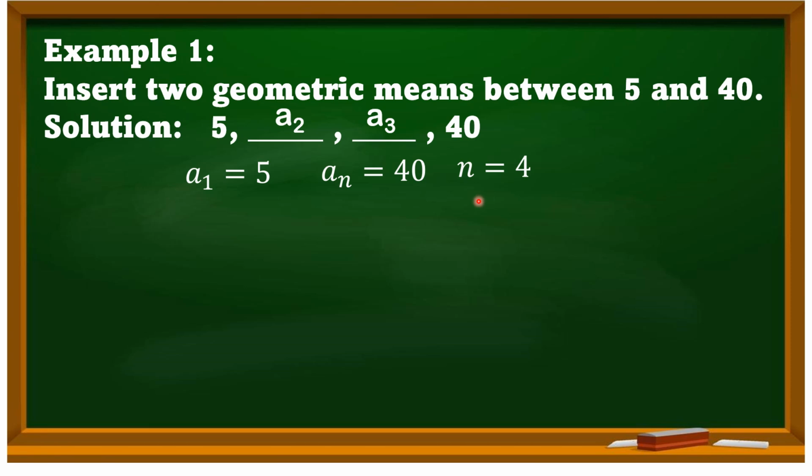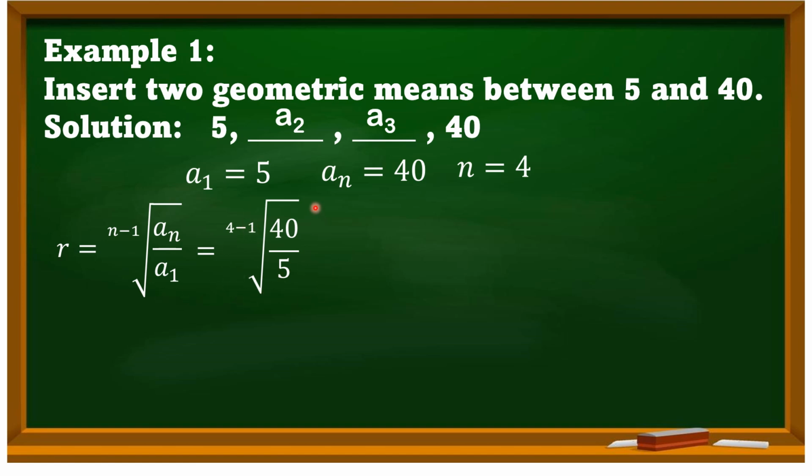Next, we're going to solve for the value of r, the common ratio of the given geometric sequence. The formula for finding r is r equals the n minus 1 root of a sub n over a sub 1. Next, we substitute the value of n, a sub n, and a sub 1 in the formula: n is 4, a sub n is 40, and a sub 1 is 5.